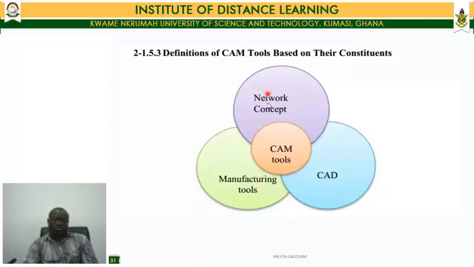And most importantly, you need a network concept or a network capability so that you can actually link the CAD drawing and the manufacturing tools. So with the help of network concepts, you have manufacturing tools, and then you have a CAD and the network concept, you create that CAM tool.